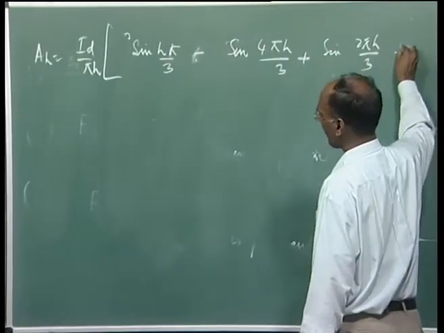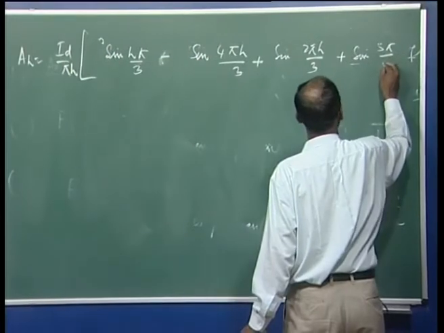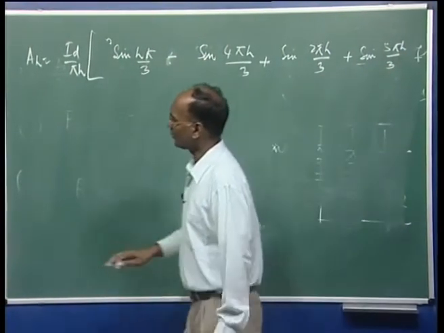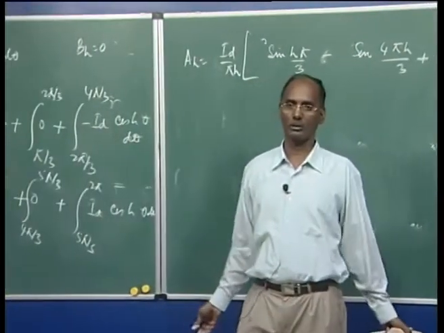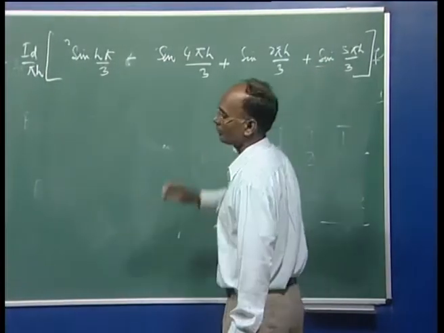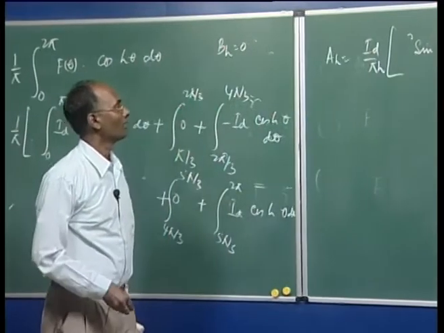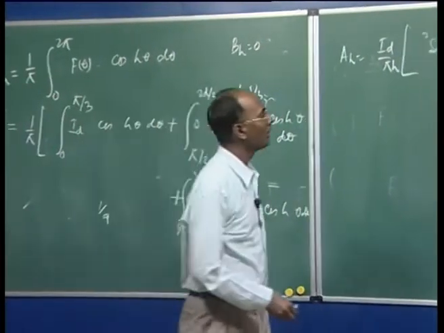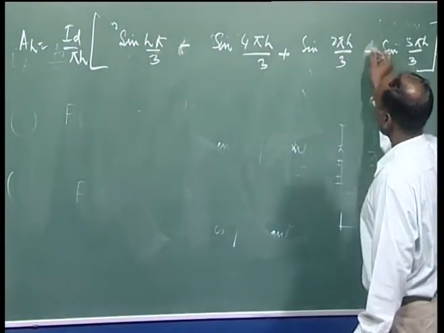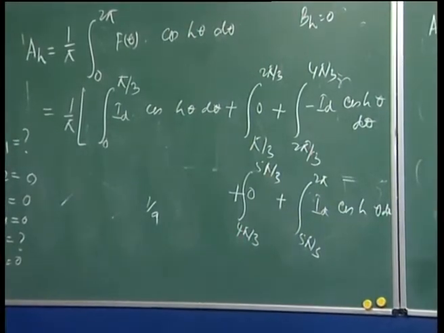Now here it will be plus sine 5 pi by 3 h, and sine 2 pi h is 0 for every value of h. So we are going to get these 4 components. It was minus here, yes, because this is the lower one, so it is minus, because this minus this.